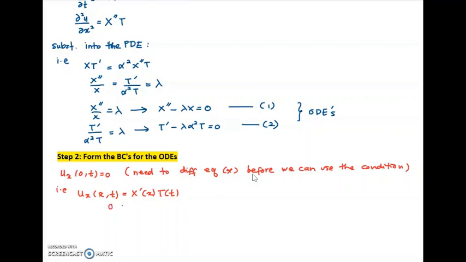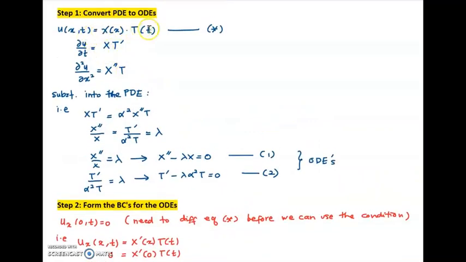So at the left you have 0, at the right you have X prime of small x equal to 0, and this is still T of t. We know that T of t cannot be 0, because if t is 0, then you are going to have u equal to 0.